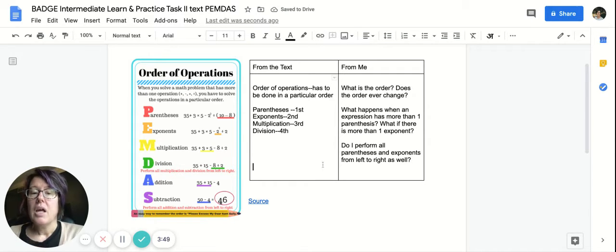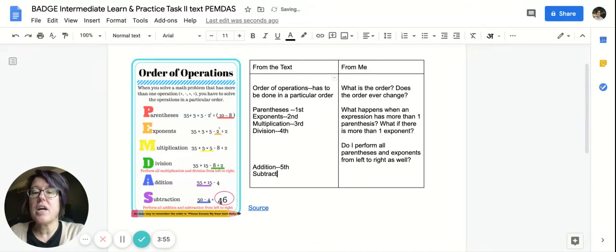Okay. And so then addition is fifth and subtraction is sixth. And then this has another little note, perform all addition and subtraction from left to right. Okay, so again, that sort of answered. I'm still confused about parentheses and exponents.